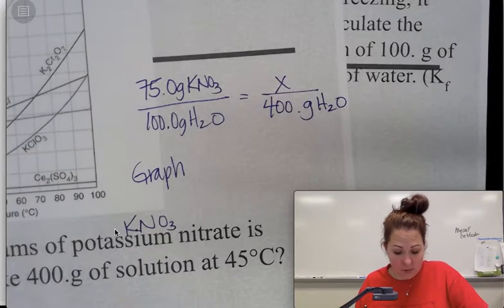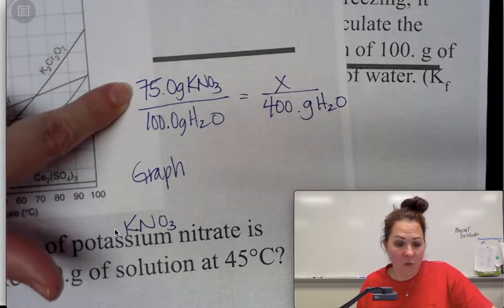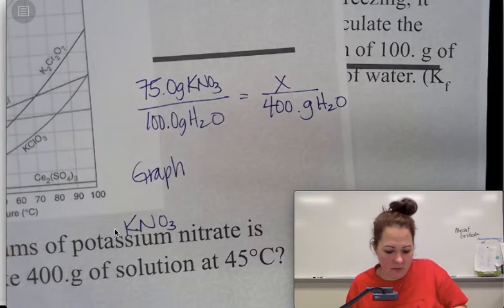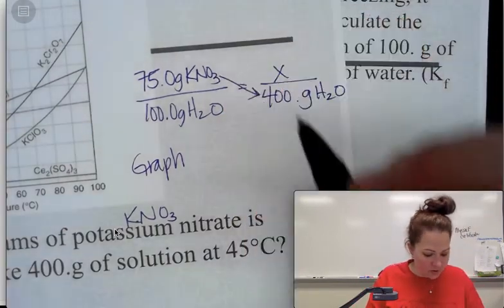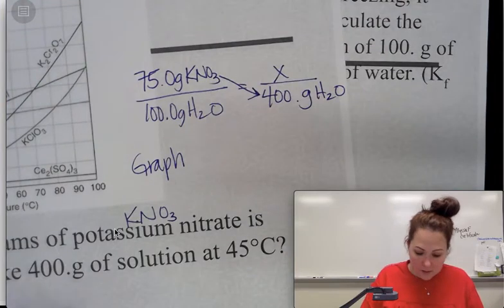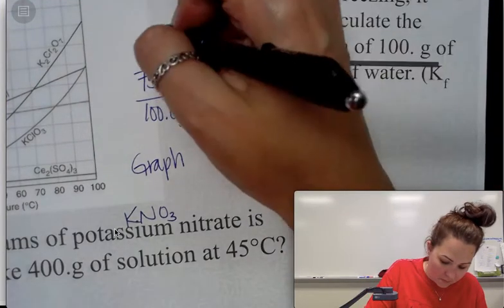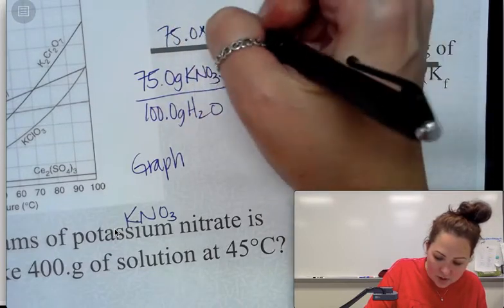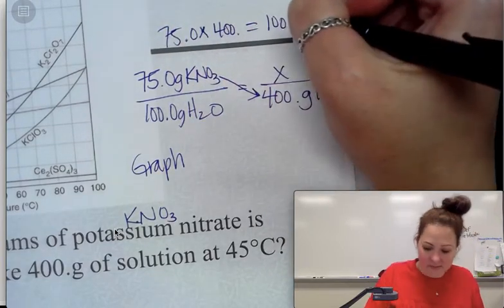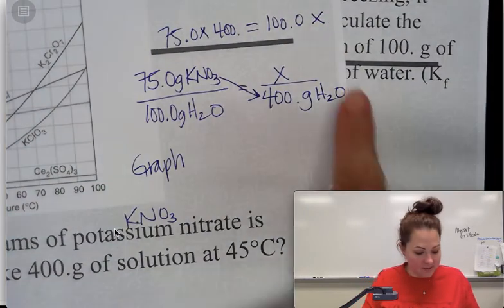You're basically multiplying this by 4 because it's 4 times the amount, but just to show you the whole thing, I'm going to take 75 times 400 is equal to 100 times x. I'm going to solve for x.